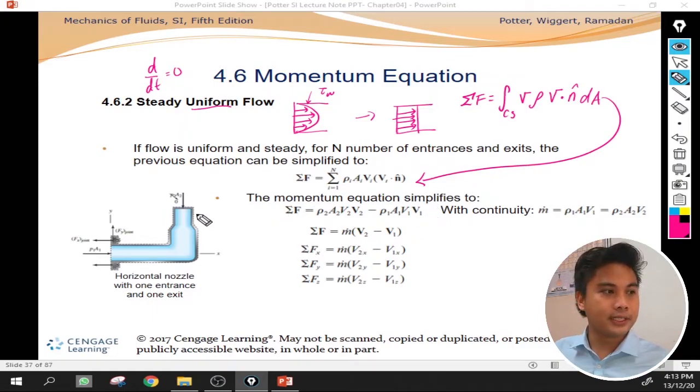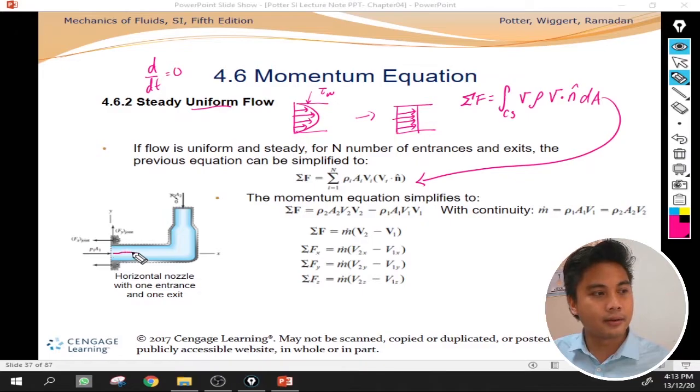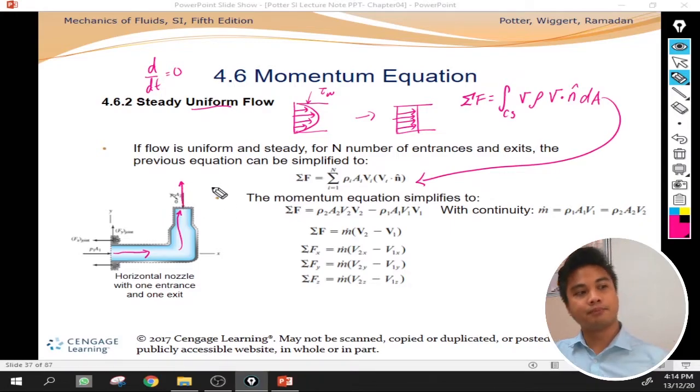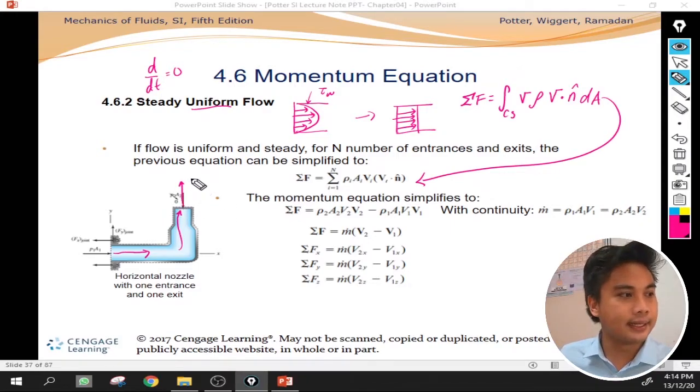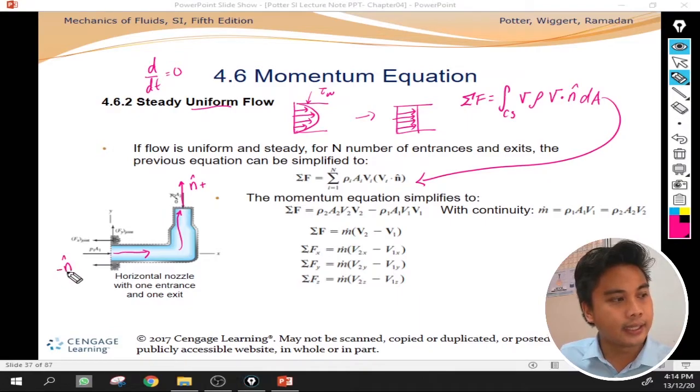So for this case, for example, let's take a look at the flow. For example, the flow from here and goes to here. So this arrow is pointing outward, so this is n positive. This arrow is pointing inward, so n negative.